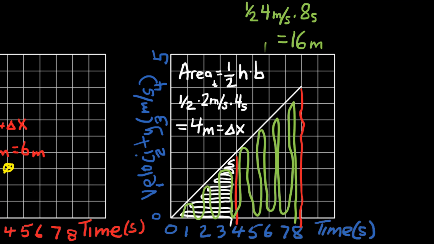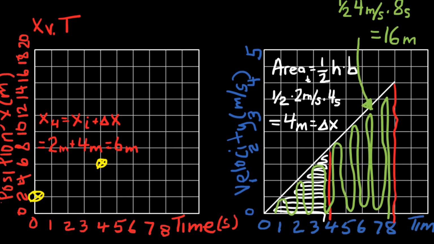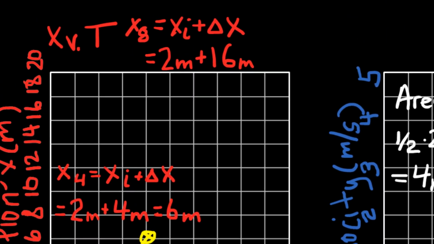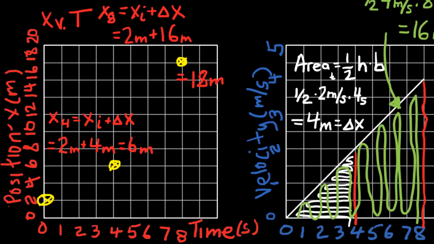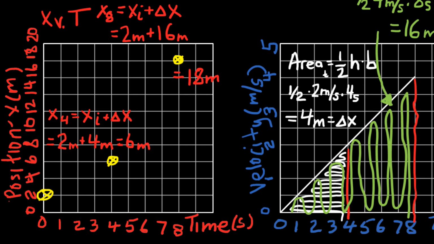So our position at 8 seconds is our initial position plus the displacement over the 8 seconds. Our initial position is 2 meters plus our 16 meters of displacement. Our position at 8 seconds is 18 meters. Let's go ahead and plot that. And we'll bring in a best fit line. Nice parabolic curve.